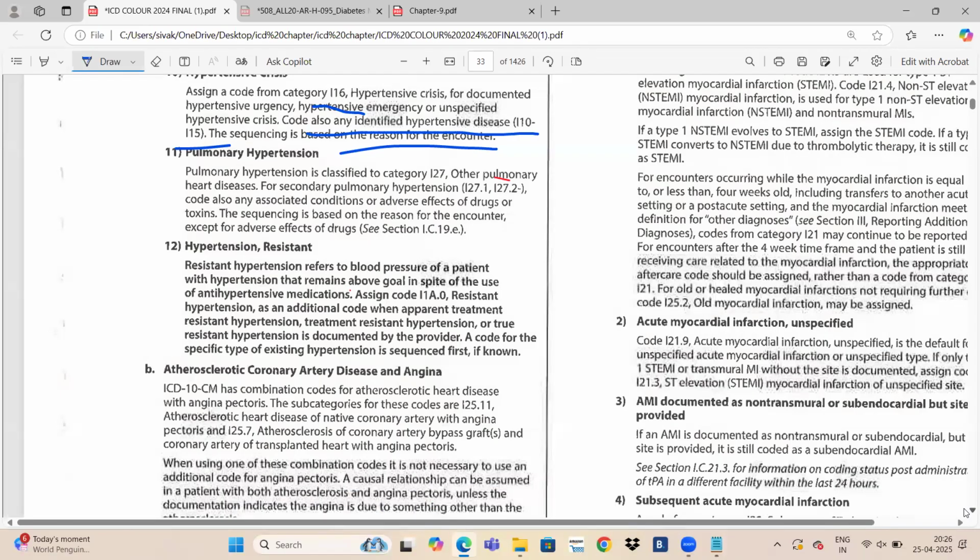See, if the patient has secondary hypertension, there is no need to check the reason for encounter. Here you need to check the guideline. Code first guideline we need to follow first.